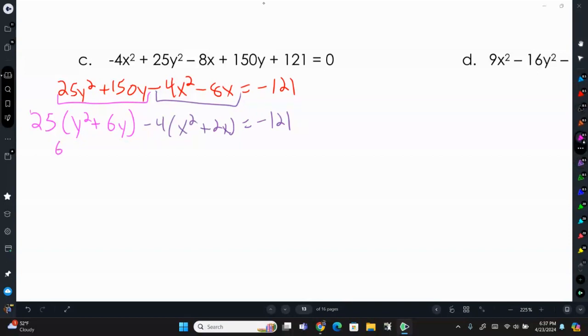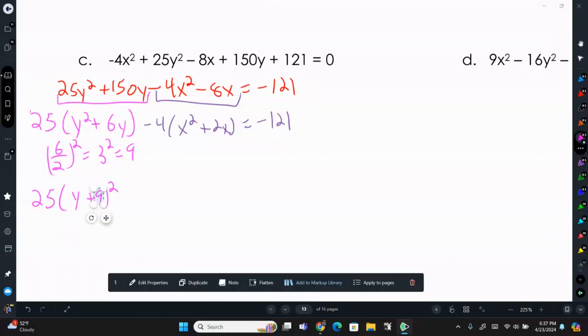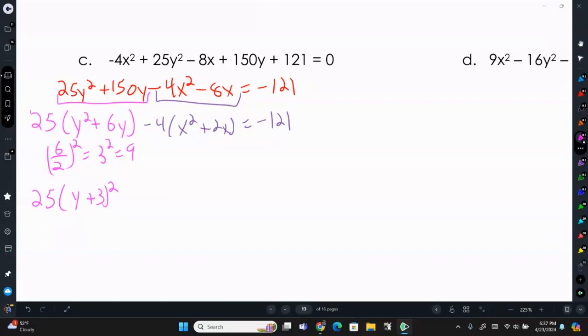6 over 2 squared equals 3 squared, which is 9. So it's going to be 25 times y plus 3 squared. And then for the purple, 2 over 2 squared is 1 squared, which is 1.